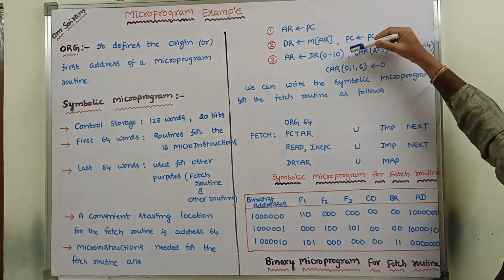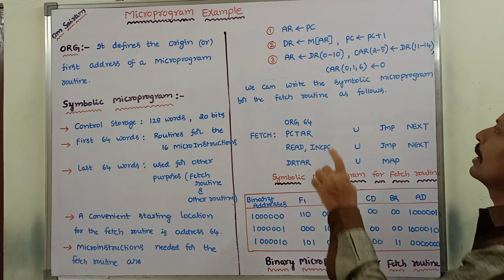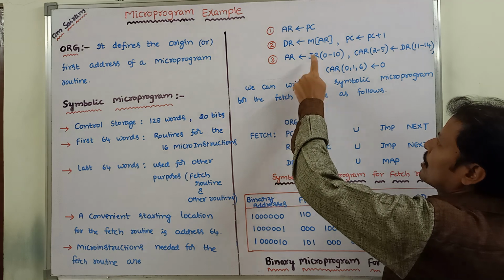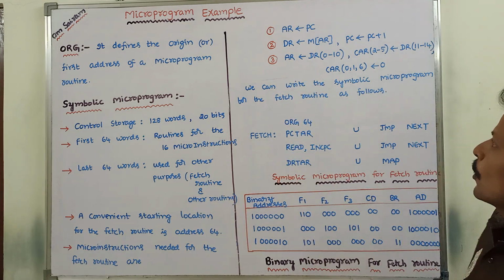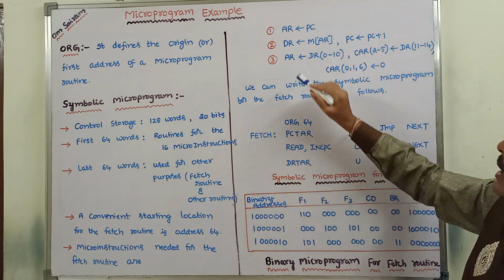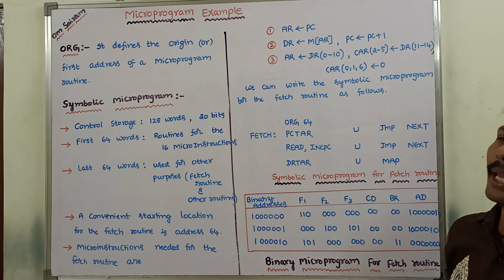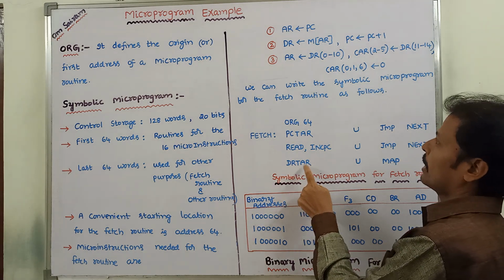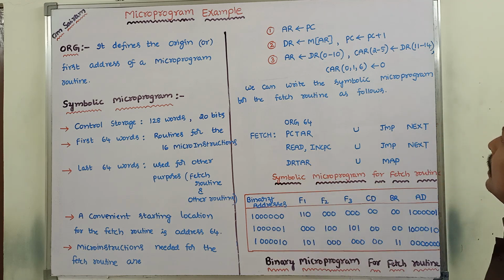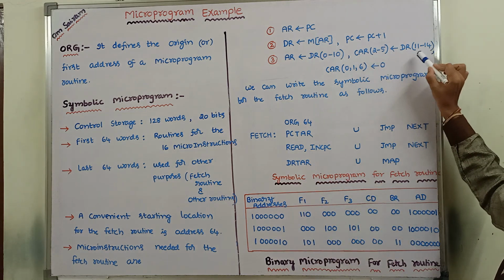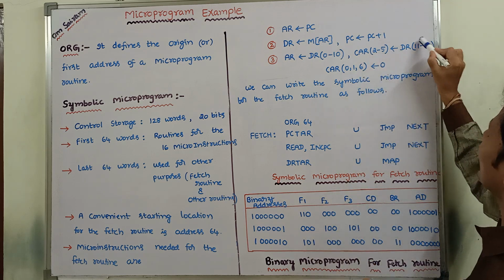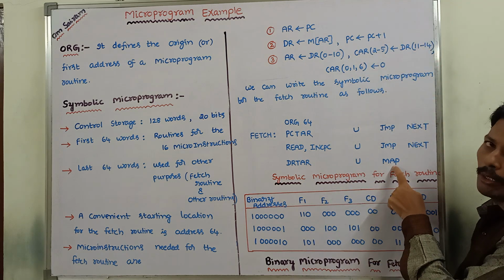Next, the third micro instruction is we have to transfer the content of the data register into AR. The source register is DR and the destination register is AR. In between them we have to write T. So DRTAR. Next, we do not check any condition here. This entire thing is nothing but the mapping logic.